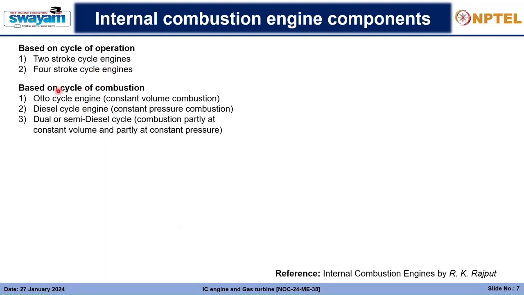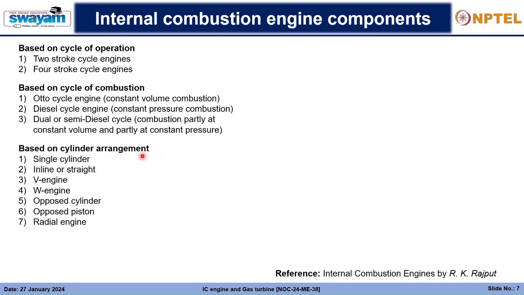Based on the cycle of combustion, there is the Otto cycle engine, diesel cycle engine, dual or semi-diesel cycle engine. Then based on cylinder arrangement, we'll have single cylinder, inline or straight, then V engine, W engine, opposed cylinder, opposed piston, and radial engine.